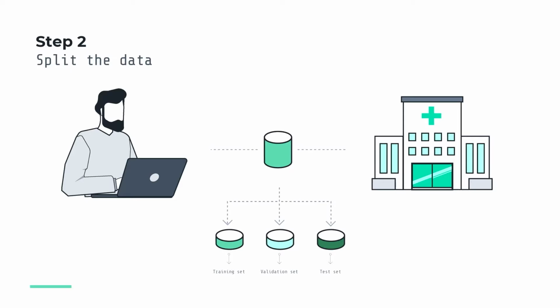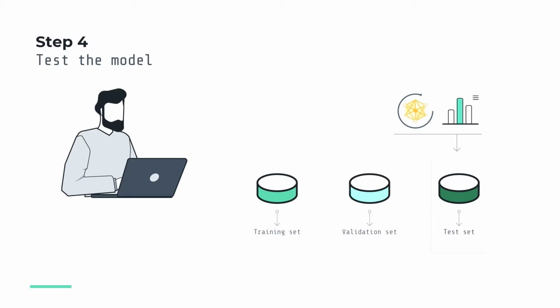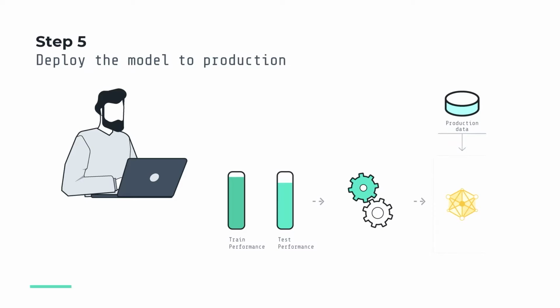After you have that, you will have to start to train your model. Training your model means you will spend some time optimizing it, making sure you get good performance, and then you will have to test your model on your test set. When that has happened and you are happy with the performance, the next step will be to deploy that model into production.